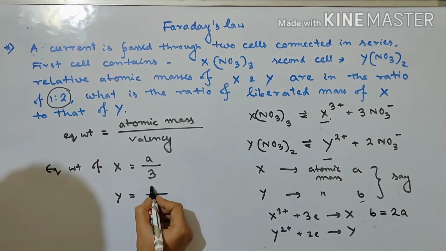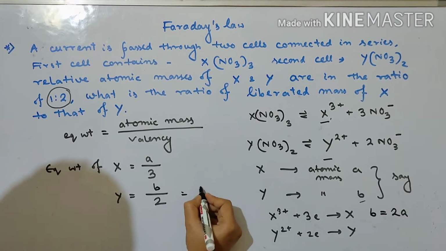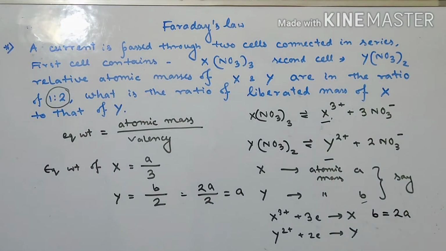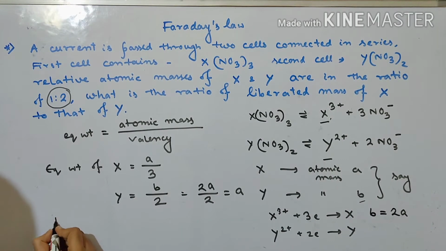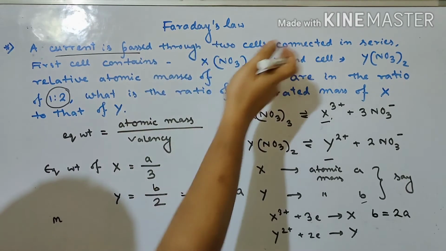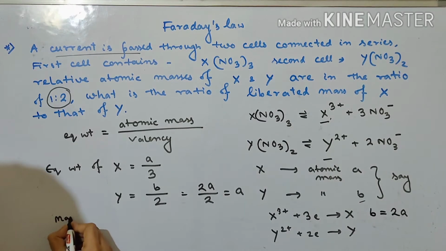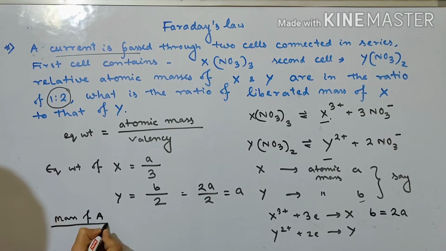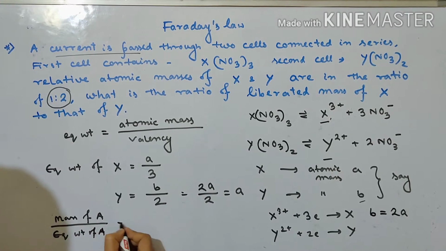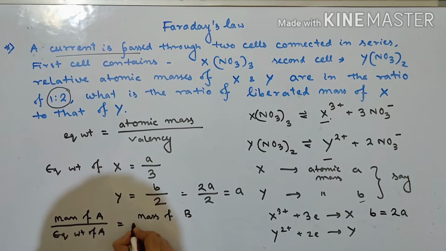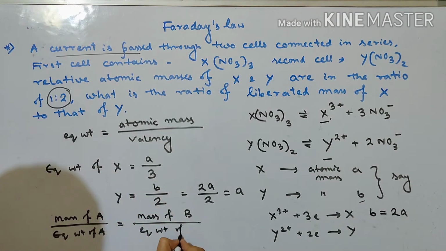So here I should be writing B by 2, which is equal to 2A by 2, which is equal to A. Now, as per Faraday's law, when the same amount of current is passed through two electrolytes connected in series, mass of X divided by equivalent weight of X is equal to mass of Y divided by equivalent weight of Y.